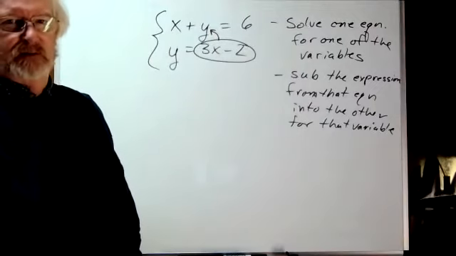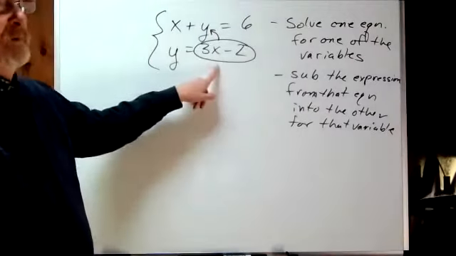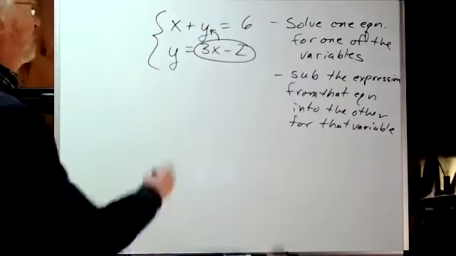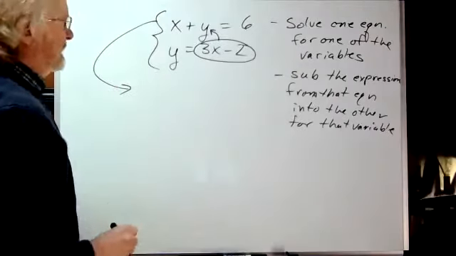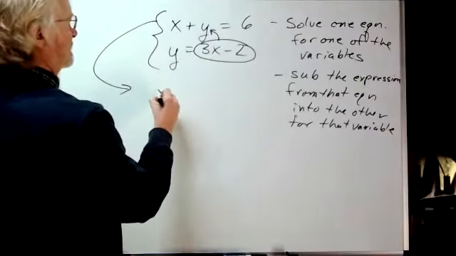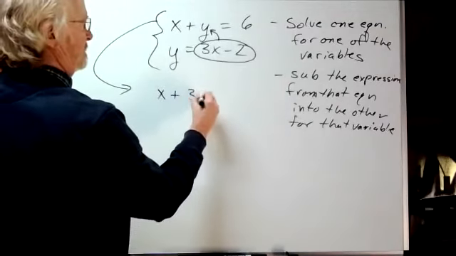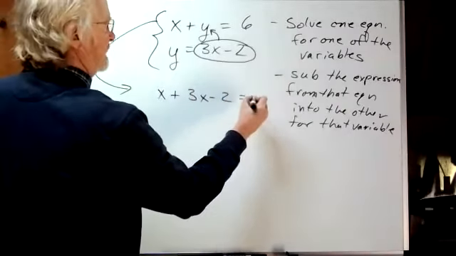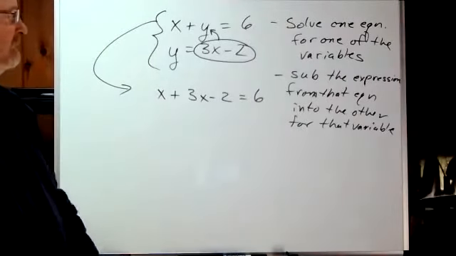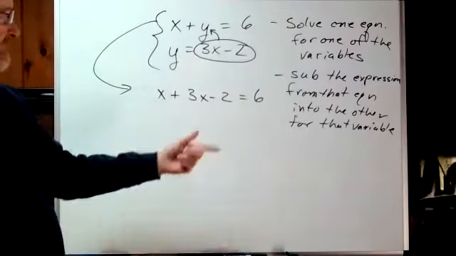I'm going to substitute this expression from one equation into the other equation. So now I'm going to rewrite, and I'm only going to have x's left. x plus 3x minus 2 equals 6. I substituted this in.